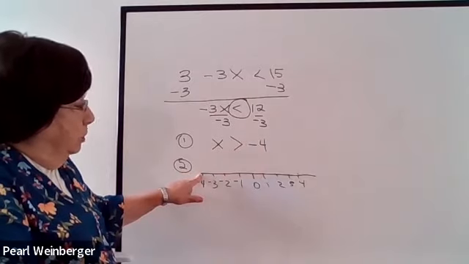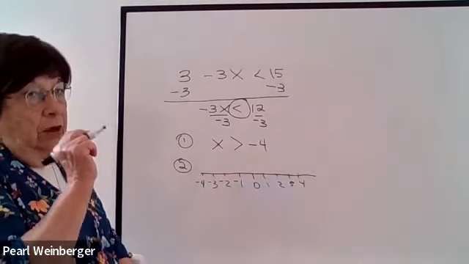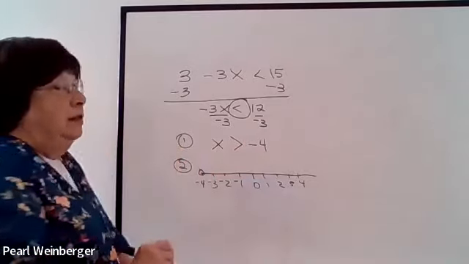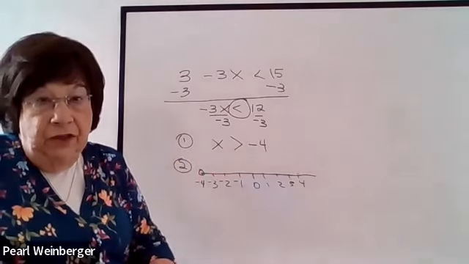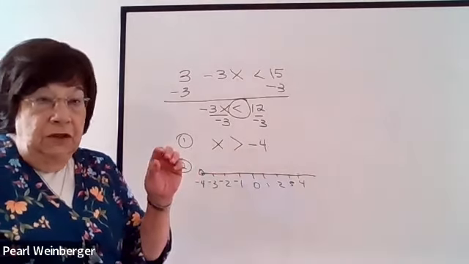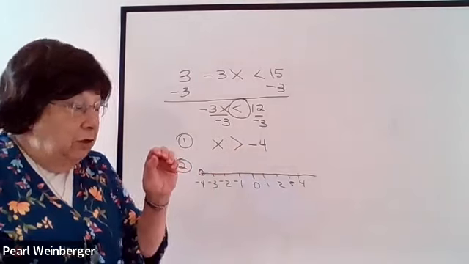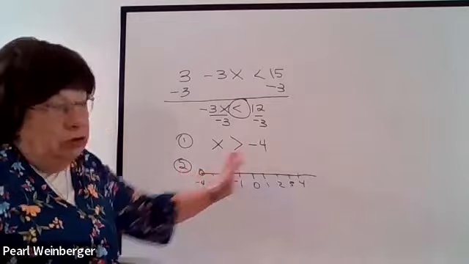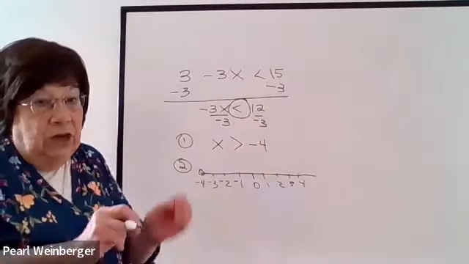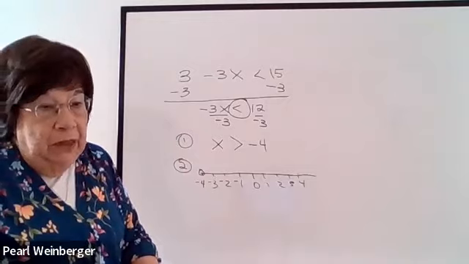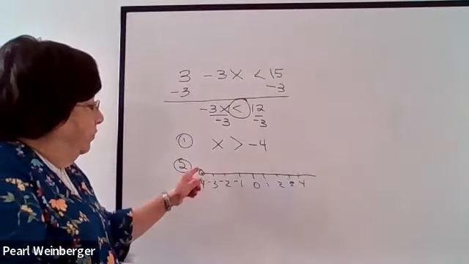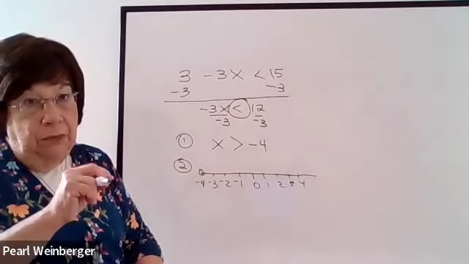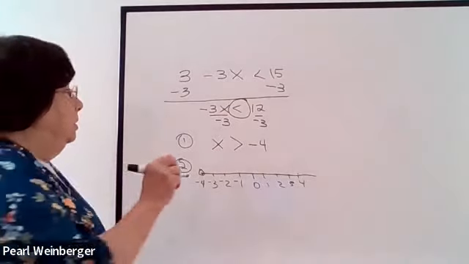And the first thing you're going to do, you're going to make a circle there. But sometimes you're going to make an open circle. And sometimes you're going to make a filled-in circle. The difference is when there's an open circle, it means that this point is not included. You're just going, that's your starting point, but you're really starting a little bit after it. When it's a filled-in circle, it means that you're including that point as part of your answer.